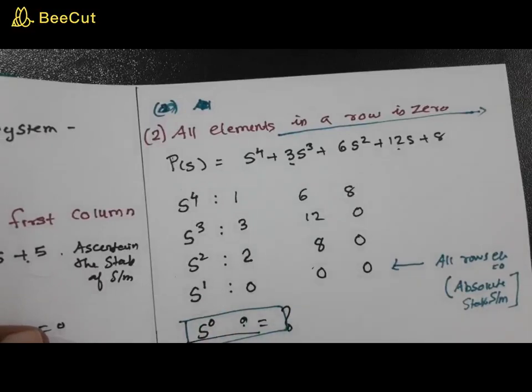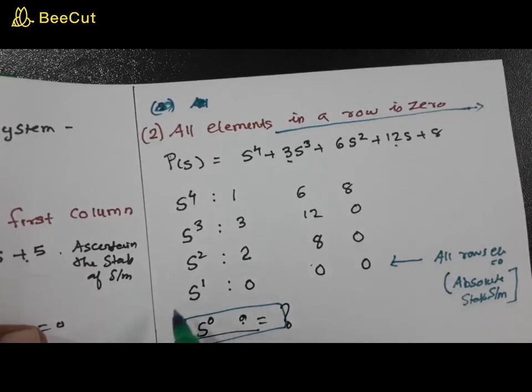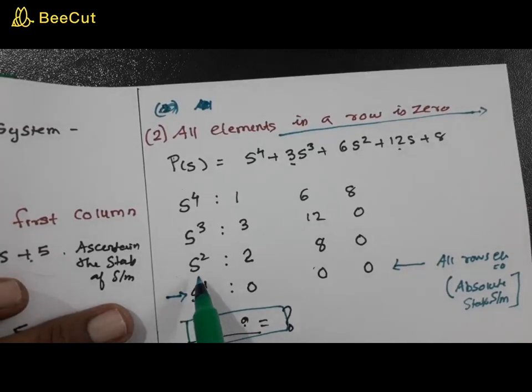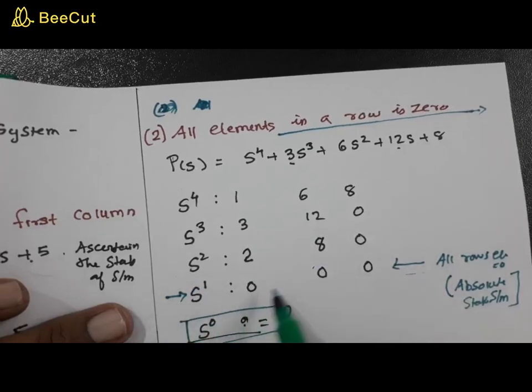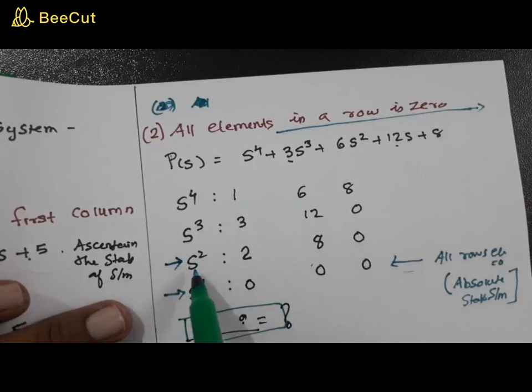Now how to find out s raised to 0? You need to get the auxiliary equation. To do that, look at the row just above the all-zero row. In this case, all the elements of s raised to 1 become 0, so look at the row just above that, which is s square.